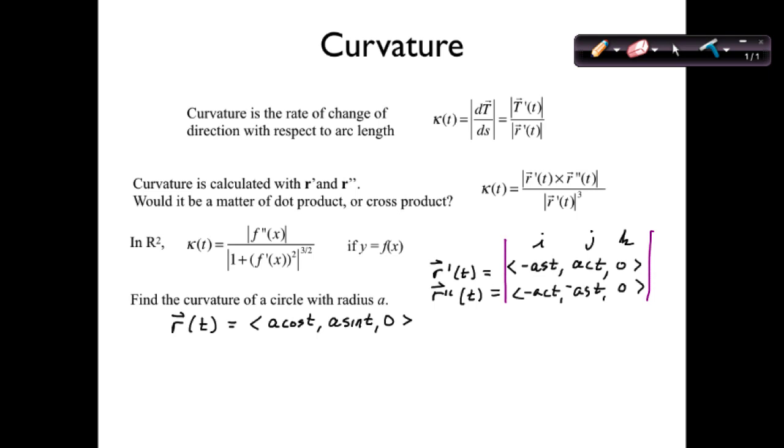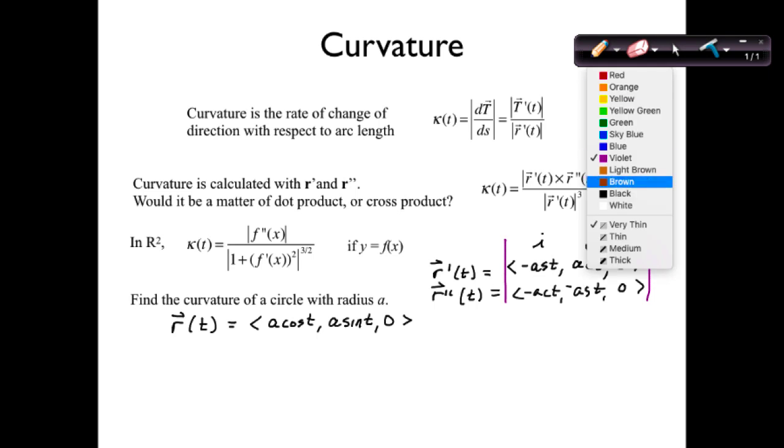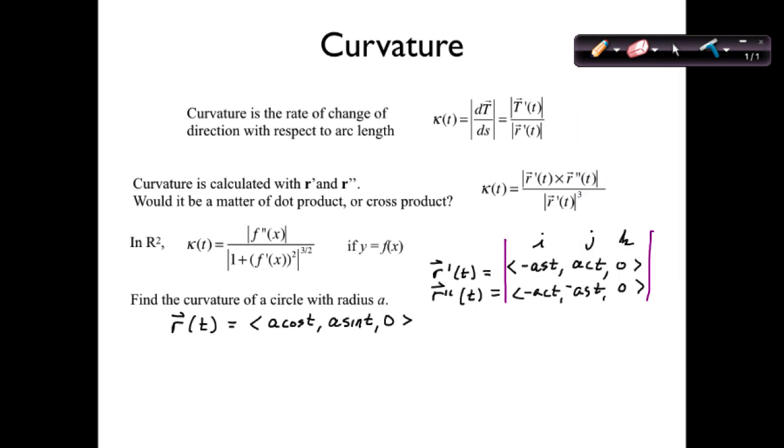So the cross product is going to be, for the i component, I think we can get 0. Is that right? Going this way, 0, 0. That's nice. For the j component, 0 going down this way, 0 going this way.